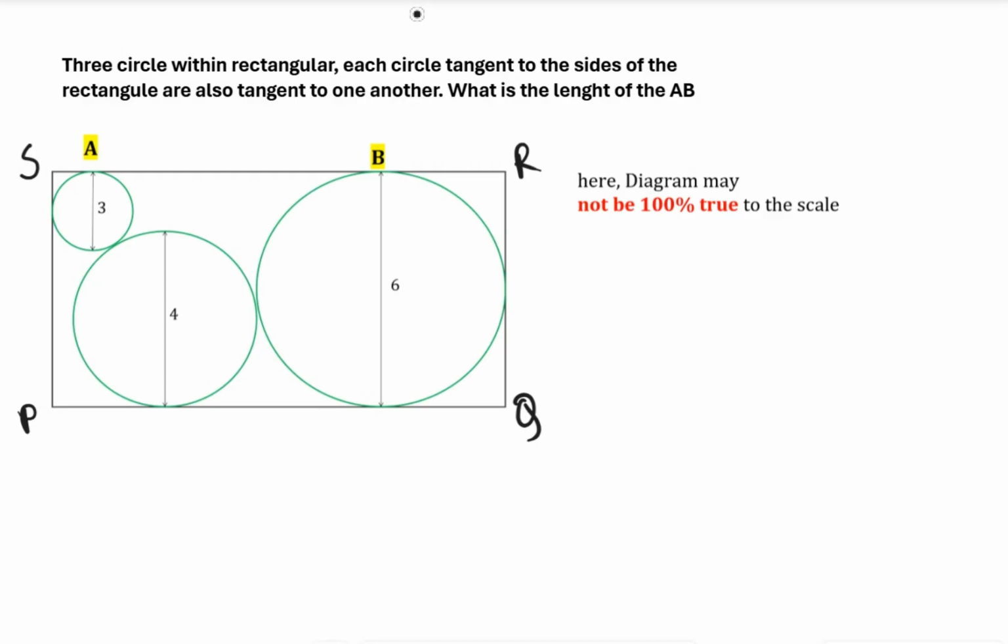So solving this problem, what can we do?